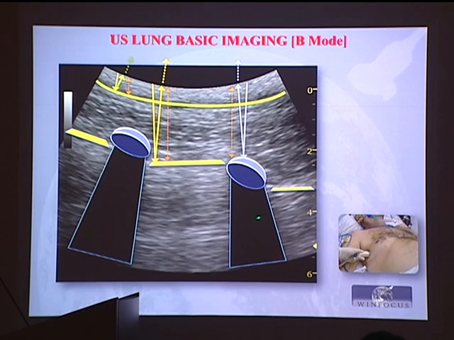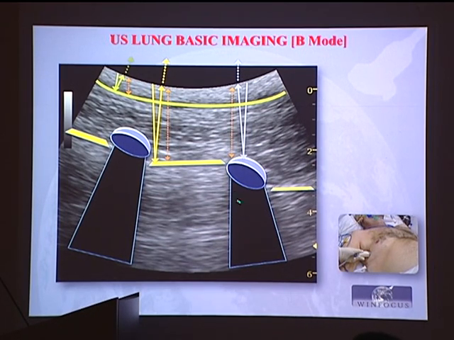So what you see here is not liquid, it's not fluid, it's just not reflecting. It's nothing because no energy is getting there. So you see that what is black sonographically doesn't always mean fluid, or doesn't always mean nothing. You should interpret it.